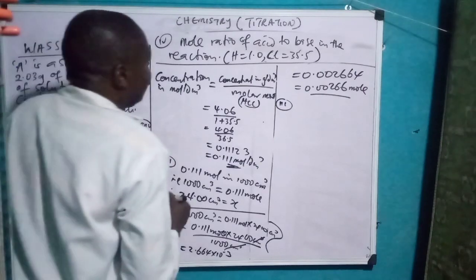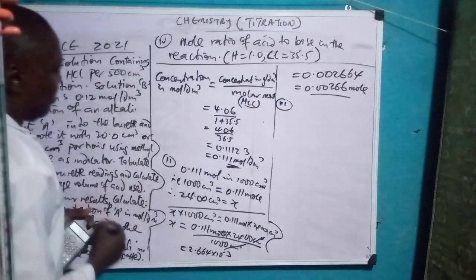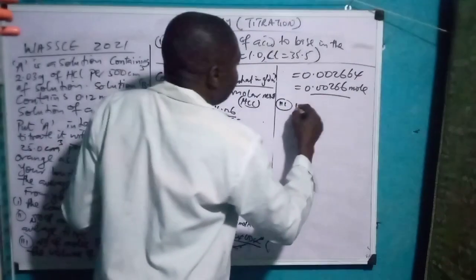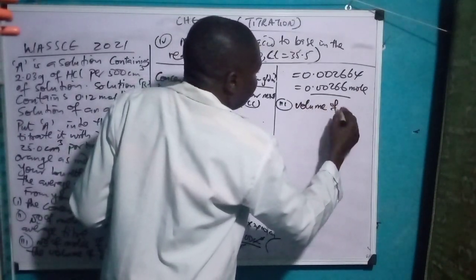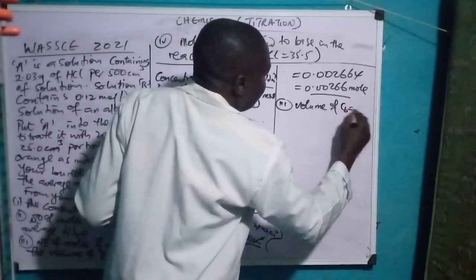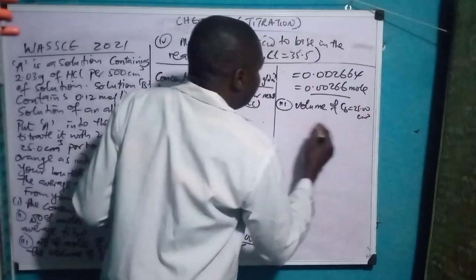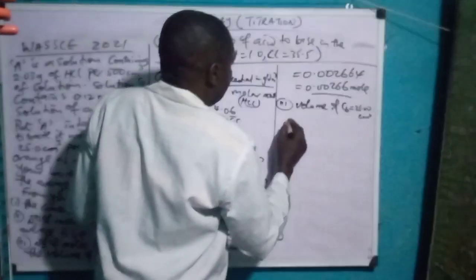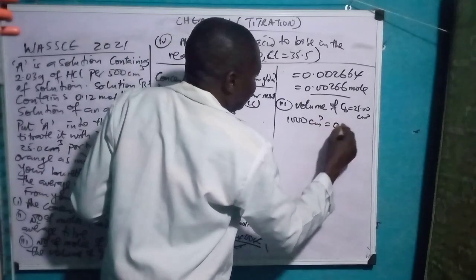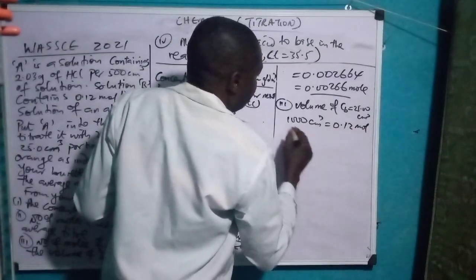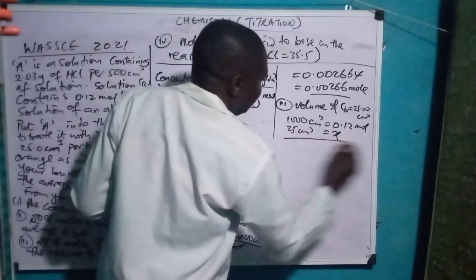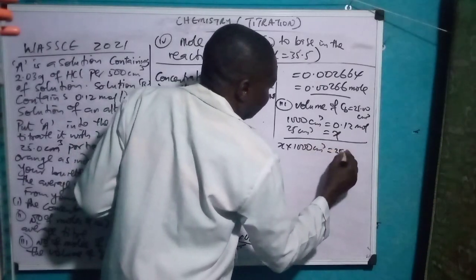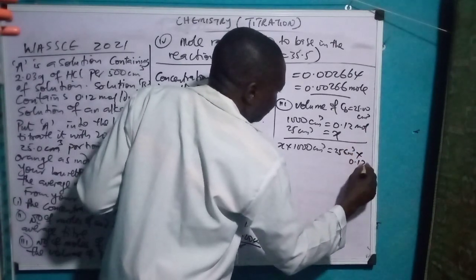Remember the volume of B we had was 25.00 cm³, and here you have 0.12 mole per dm³. 1000 cm³ equals 0.12 mole. 25 cm³ equals X. Cross multiply: S times 1000 cm³ equals 25 cm³ times 0.12 mole.